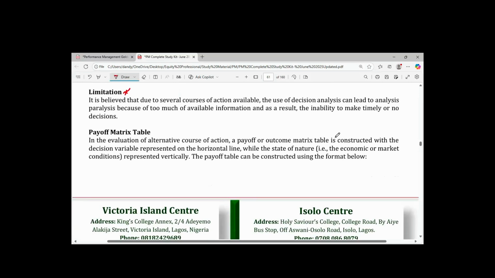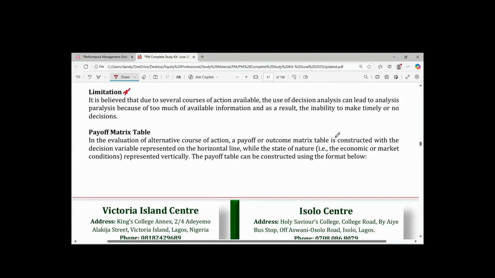Now, anytime you want to evaluate alternatives, alternative courses of action, as far as decision analysis is concerned, you have to construct a payoff matrix table. This payoff matrix table has two sides.